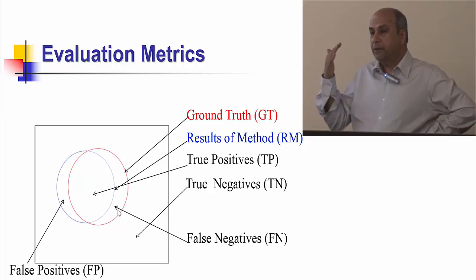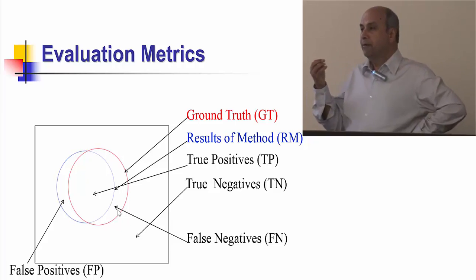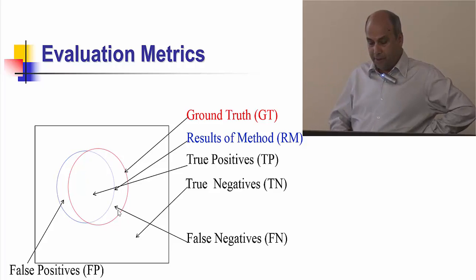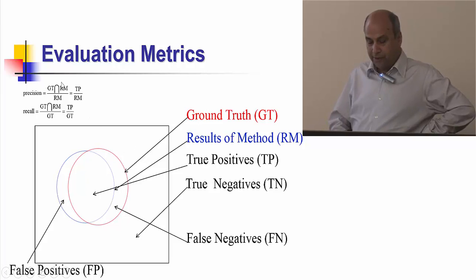Whenever you look at the performance of a program, you have to compare with what the best human can do, and to describe a metric, we always talk about precision and recall. Precision and recall are defined like this: we take the ground truth, find the intersection with whatever the algorithm gives you, and divide by what the algorithm found.